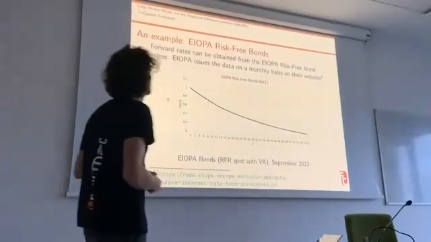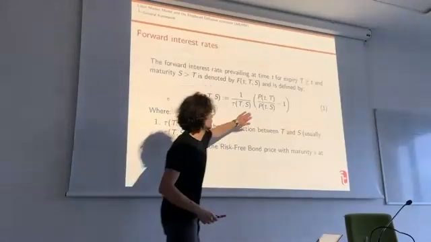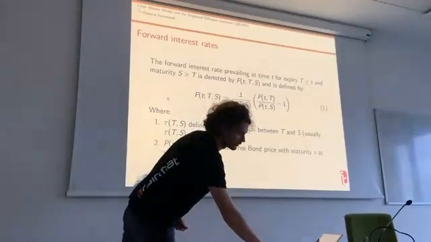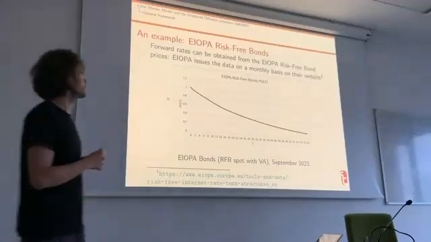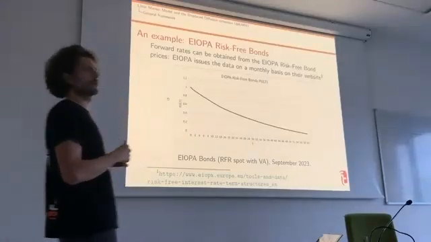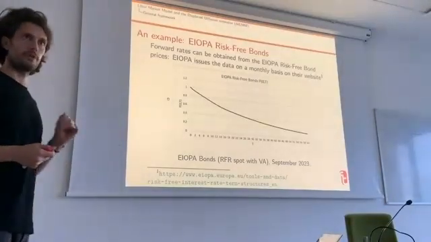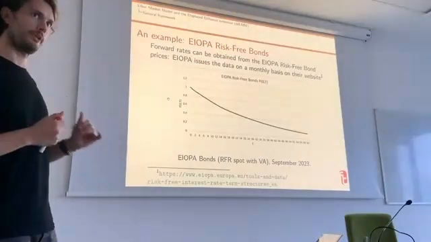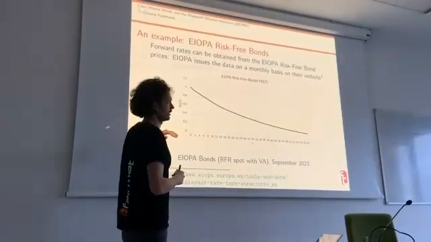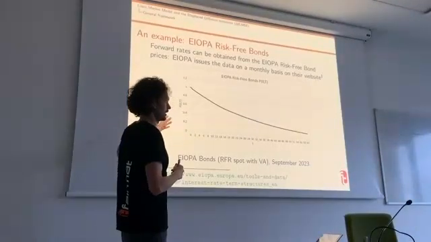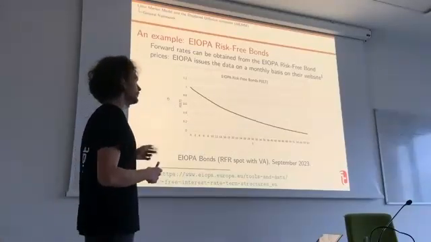Okay, so first of all, let's start from the bond prices. This part here is given by EIOPA. EIOPA is the European Insurance and Occupational Pensions Authority, and it is deeply linked with the Solvency regulation. This is why we are using EIOPA data. They are providing risk-free rates, a term structure, which has 150 maturities.